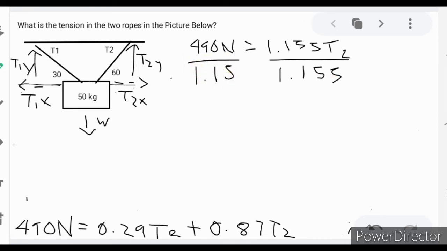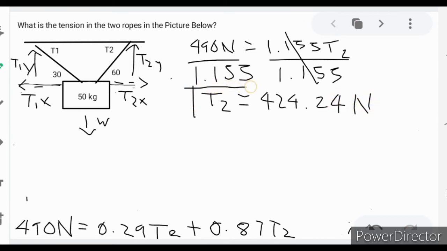So 490 Newton divided by 1.155, the value of T sub 2 based on our calculation is equal to 424.24 Newton. That is the value of T sub 2.